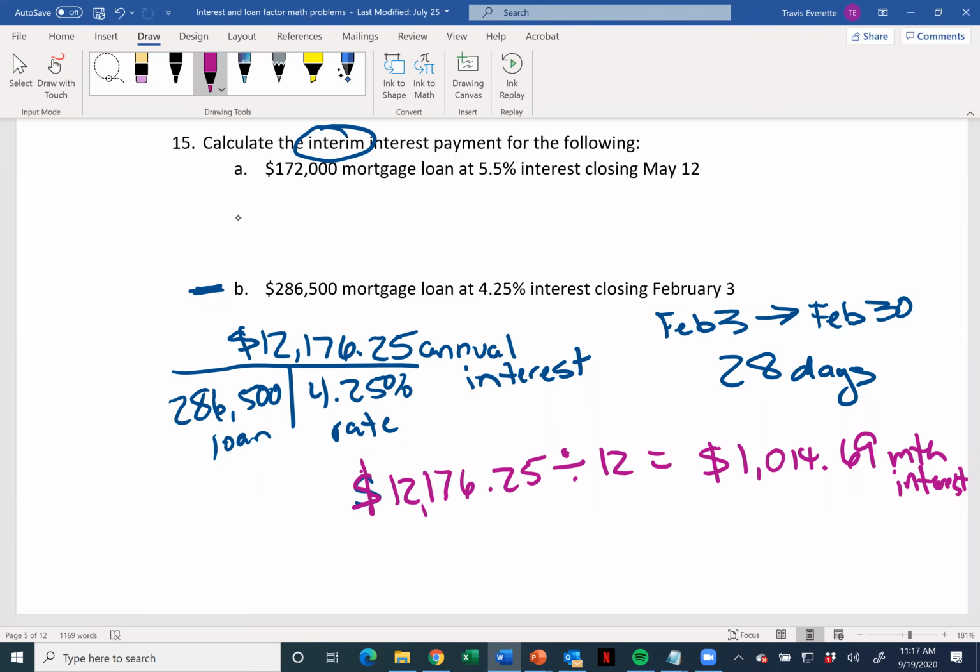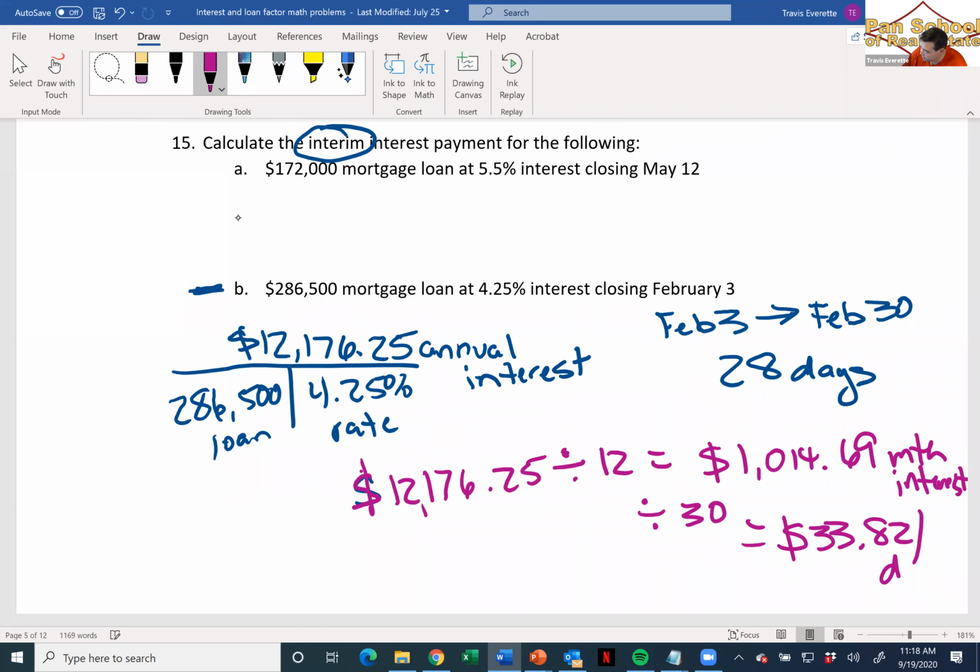I don't even know why I did that. I guess I did it because I like to show it both ways. Some people like to go to monthly and then divide it by 30. Couldn't you just divide by 360? That's what I usually do, but some people like to go by 12 and then by 30. Either way, it gets you to $33.82 per day.